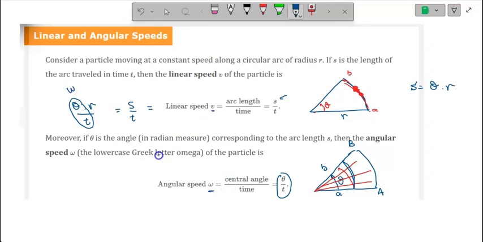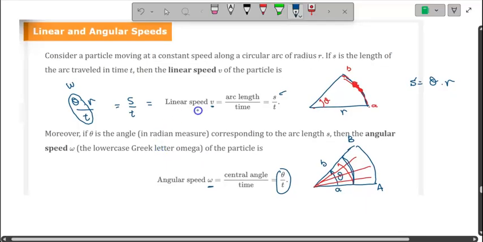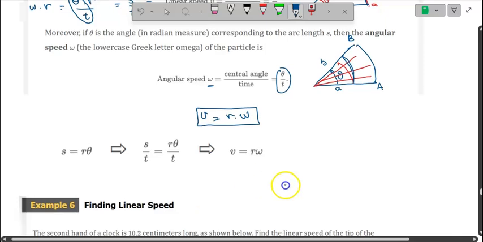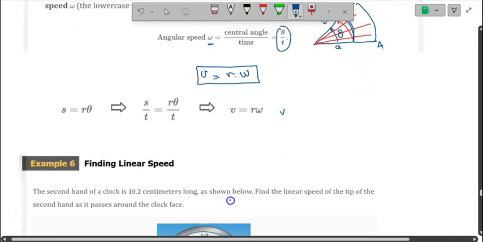And this one we call V. So in other words, V is equal to r times W. They are both speeds. One is linear speed, the other one is angular speed, right? So this is going to be W times r, okay? So that's the relationship between both of them. And I hope you see the difference, right? Oh, we already did it here, right?